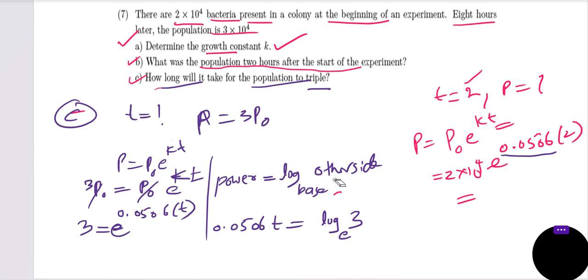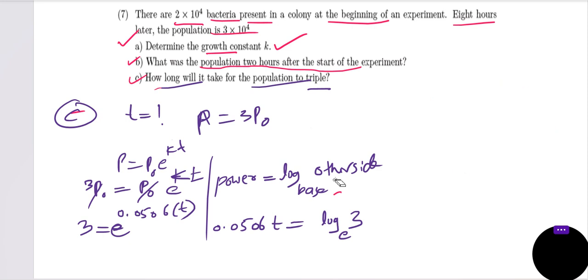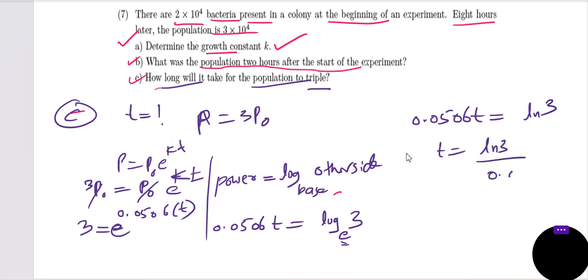So we have to get this with the help of the calculator. So this is 0.0506 times t equals ln 3, because log to the base e, not log. So divide ln 3 by 0.0506. This again we need to find with the calculator. Like this we will answer.